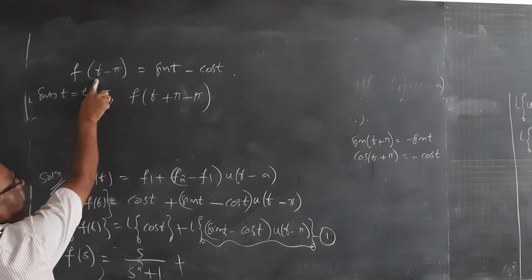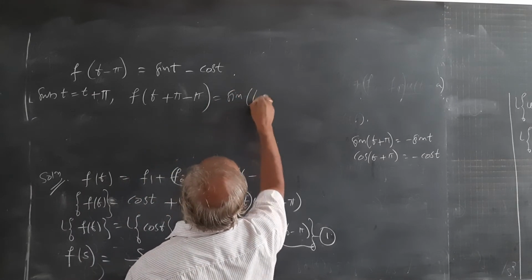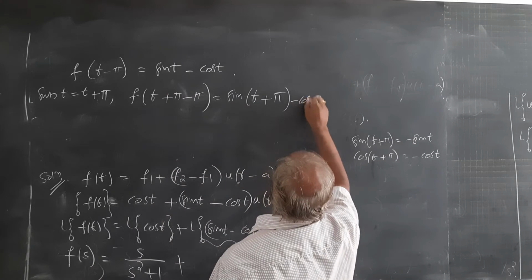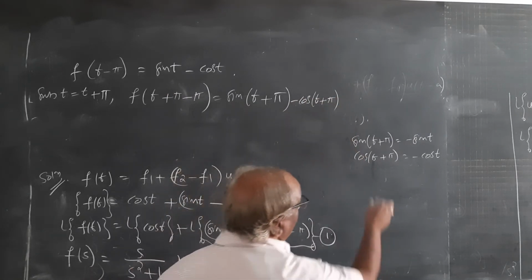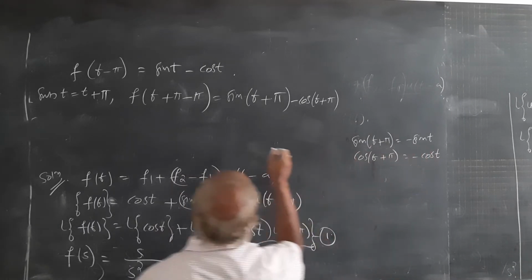Wherever t is there, substitute t equal to t plus pi. That is equal to sin of t plus pi minus cos of t plus pi. Now what is sin of t plus pi? You know this formula: sin of t plus pi is equal to minus sin t.